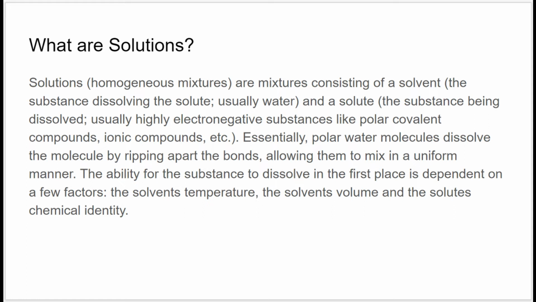Basically, the polar water molecules dissolve the molecule by ripping apart the bonds, allowing them to mix in a uniform manner. The ability for the substance to dissolve depends on a few factors: the solvent's temperature, the solvent's volume, and the solute's chemical identity.